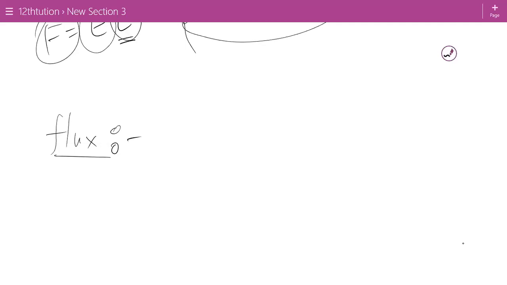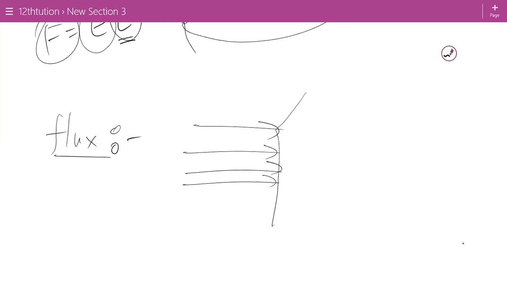So there are two key points here: the electric field and the area. These two things are required. So for example, if these are field lines and this is the surface, this is the electric field, this is the surface, S vector.